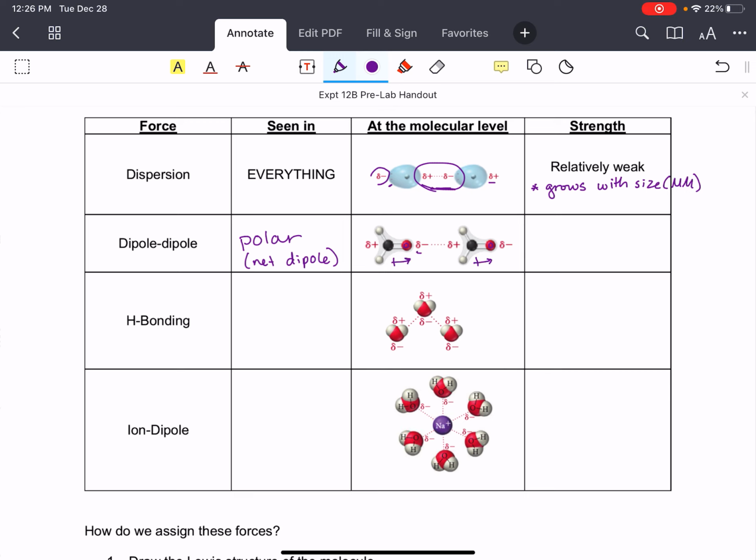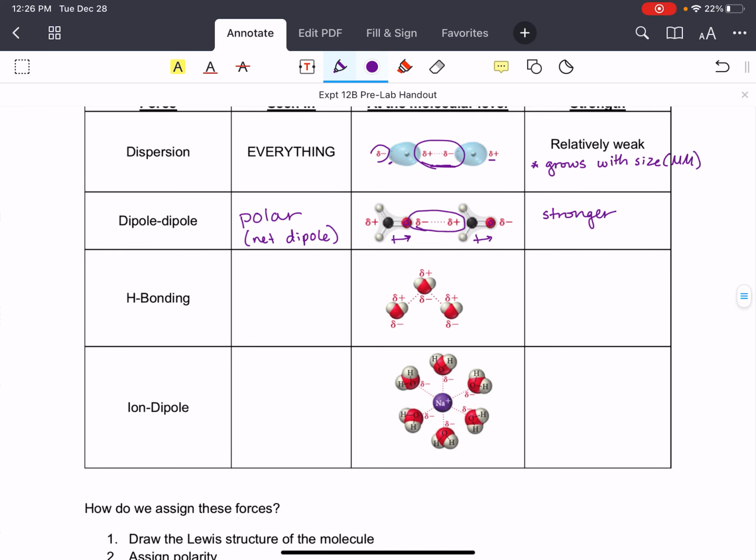The negative end of one molecule is attracted to the positive end of another molecule. Because that dipole is always there, that attraction is a bit stronger than the dispersion force, and it really affects the boiling point of a substance.